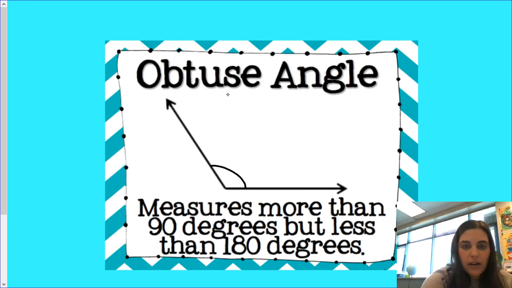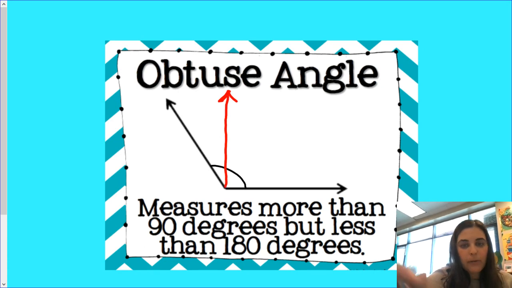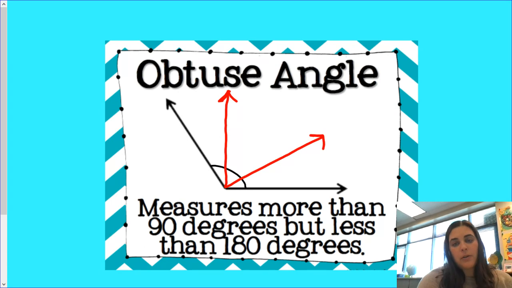If I were to draw a 90-degree angle, that would be 90 degrees. This one here would be an acute angle, and this new one here is an obtuse angle. Those are the three words we're going to use: right angle, acute angle, obtuse angle.